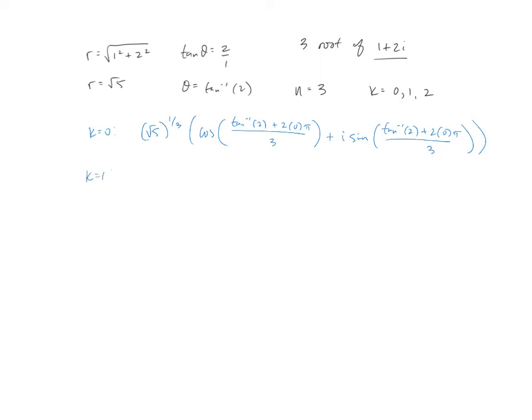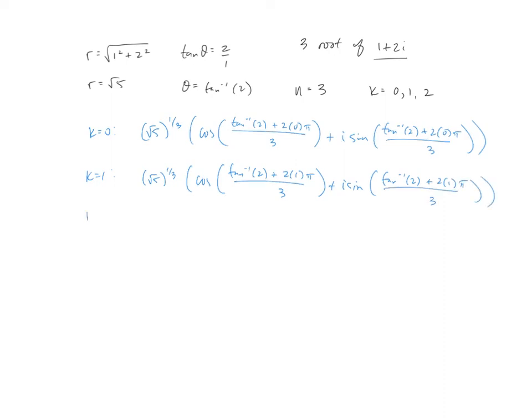For k equals 1, we're going to have the square root of 5 to the 1/3 again. Cosine of inverse tan of 2 plus 2 times 1 times pi over 3 plus i sine of inverse tan of 2 plus 2 times 1 times pi all over 3.